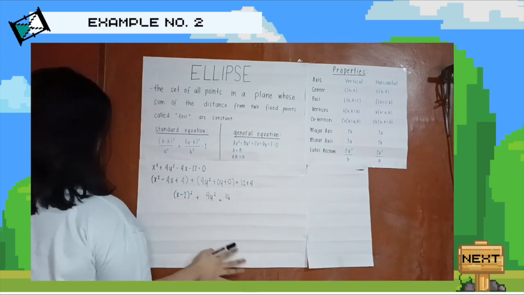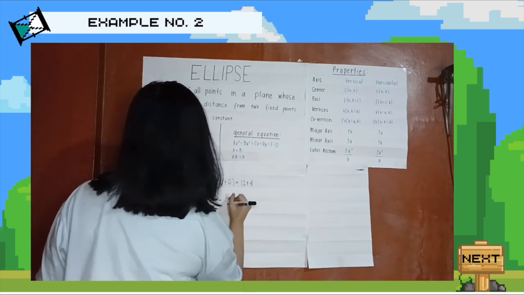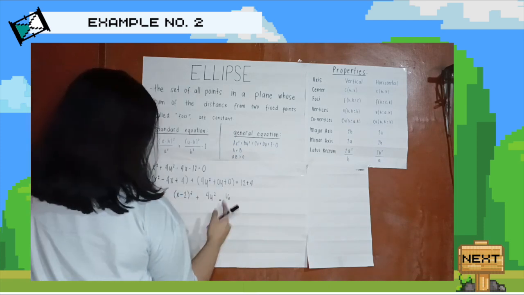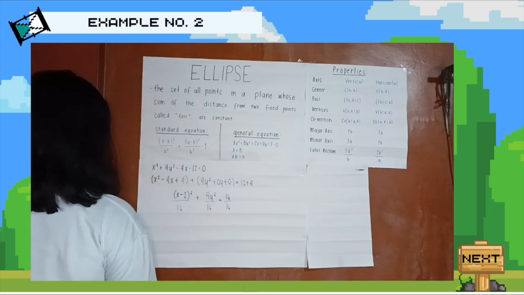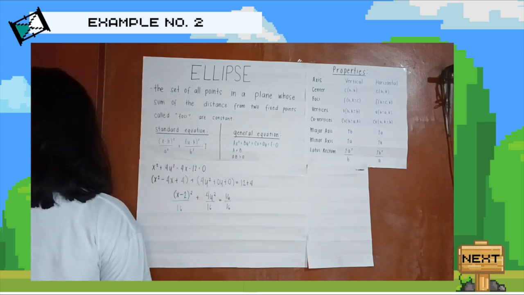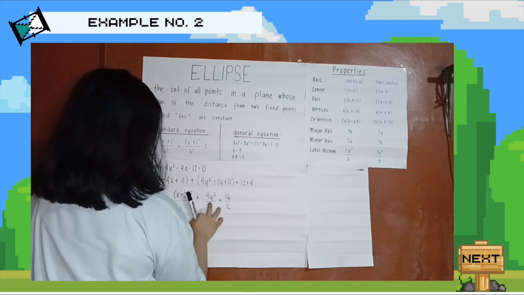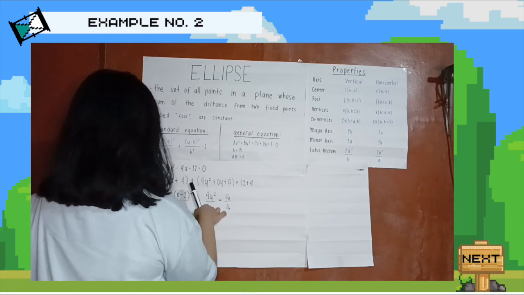And after that, we need to divide both sides by 16. This will remain the same, and we divide 16 by 4, so 16 divided by 4 is 4.